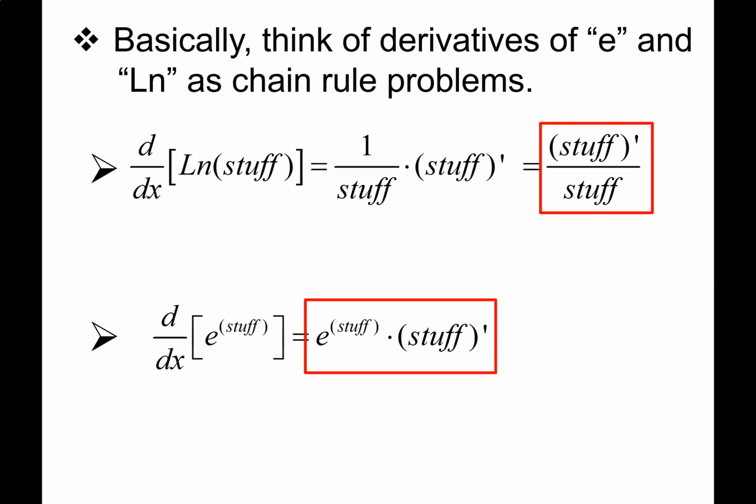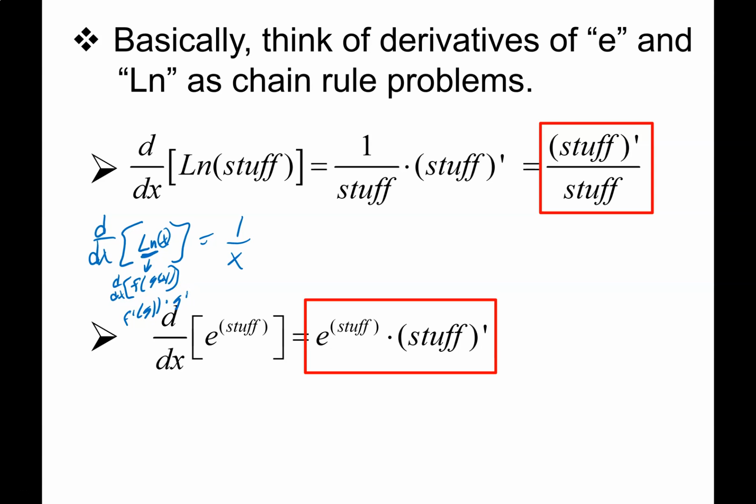Like when I'm doing something simple like the derivative with respect to x of ln of x, I told you that was 1 over x. Well, it's really not, because technically it's a chain rule where this is my outer function f and this inner function g here. And if you remember your chain rule, when you derive an f of a g, it's f prime of g times g prime.